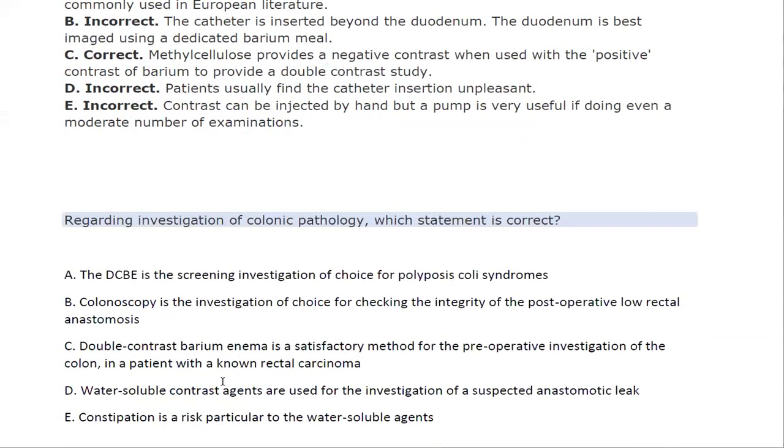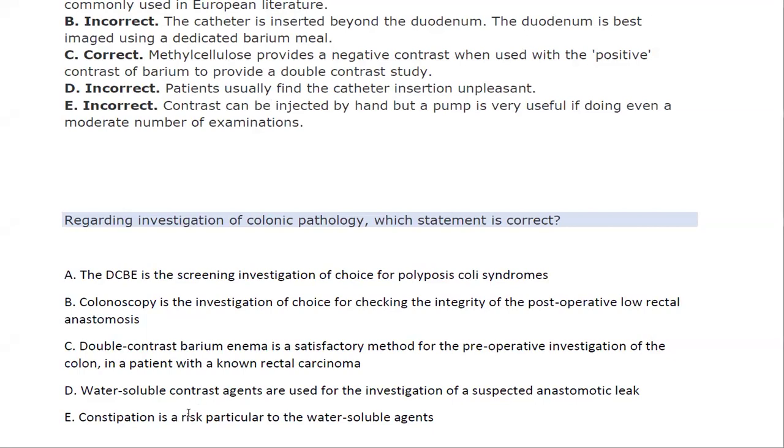Regarding investigation of colonic pathology, which statement is correct? The double contrast barium enema is the screening investigation of choice for ulcerative colitis. Colonoscopy is the investigation of choice for checking the integrity of a post-operative low rectal anastomosis. Double contrast barium enema is a satisfactory method for the pre-operative investigation of the colon in patients with a non-rectal carcinoma.